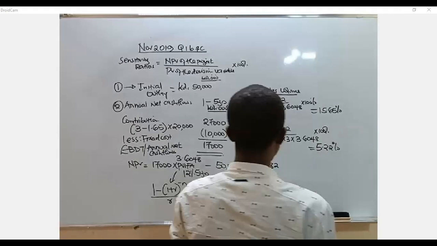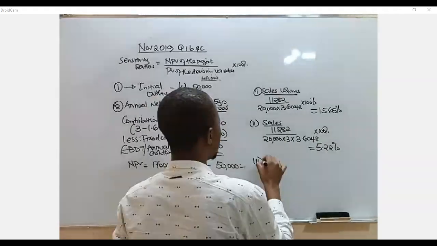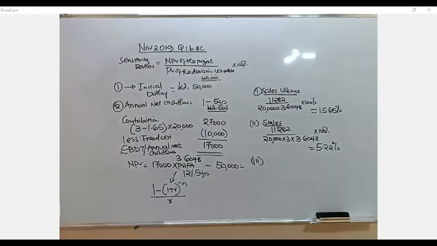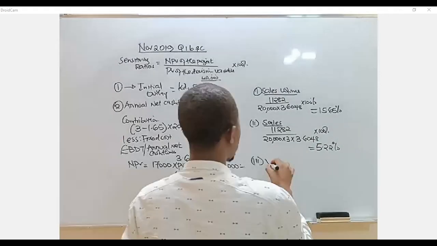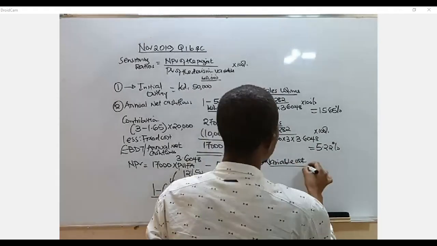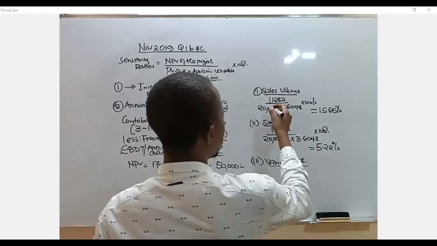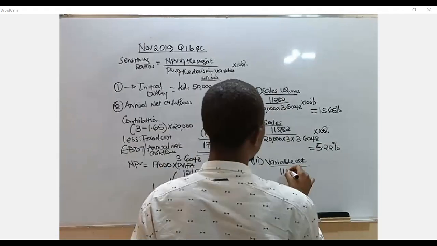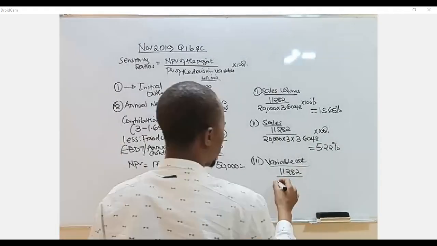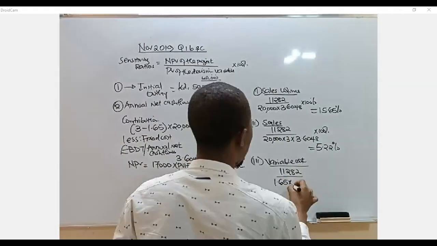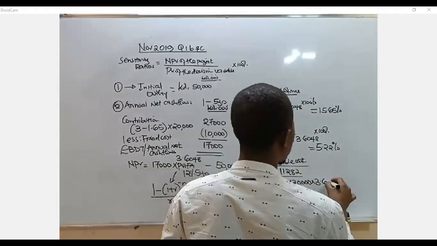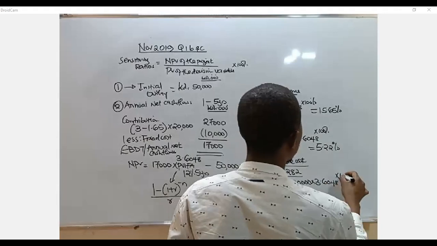Then number 3, we are discussing the variable costs. To get it is very simple. Take 11,282 and divide by the variable cost per unit of 1.65 times 20,000 times the present value factor 3.6048, times 100%.